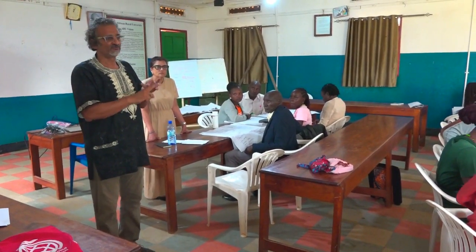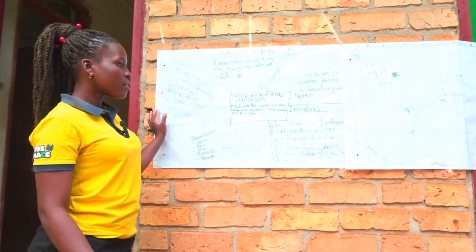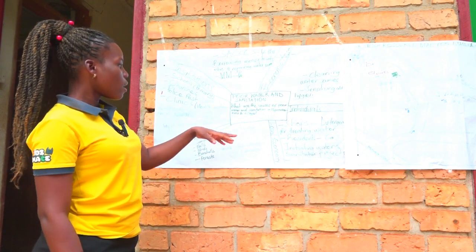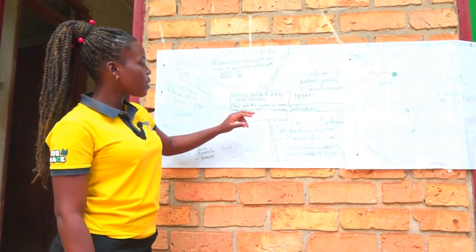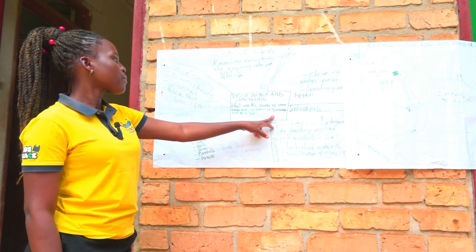After resource mapping, we get the research question. As an intern, you identify your research question. In this case, in Nyamkaikuru B village, the research question is, what are the causes of poor water and sanitation?